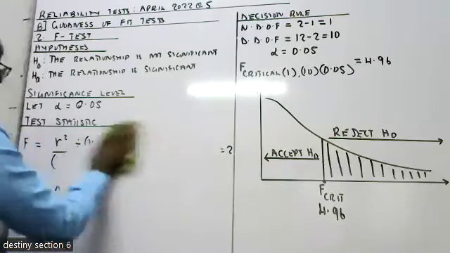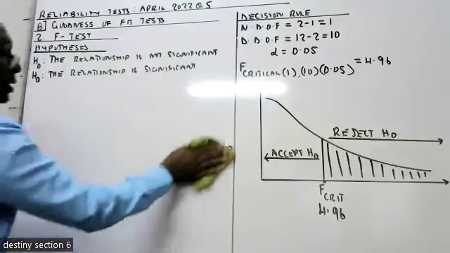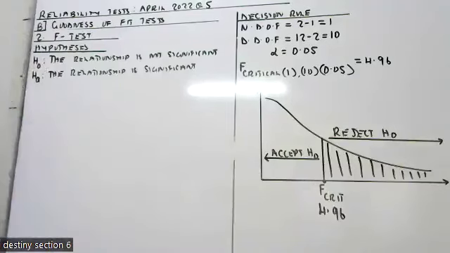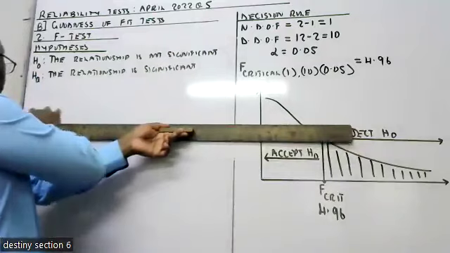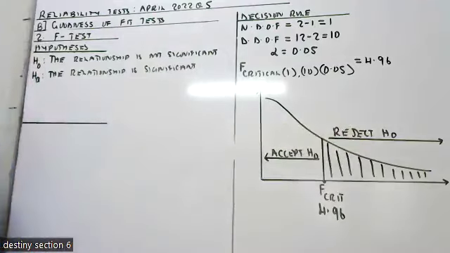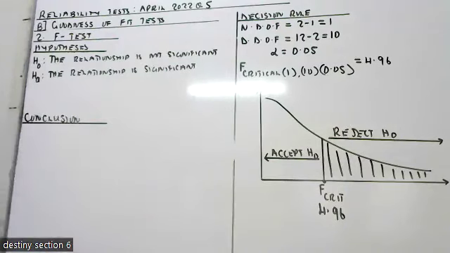So having done that, we now proceed to the next step after the decision rule. The next step now is to make the conclusion. So the conclusion is done like this. You come and take the figure you had here, the 40.